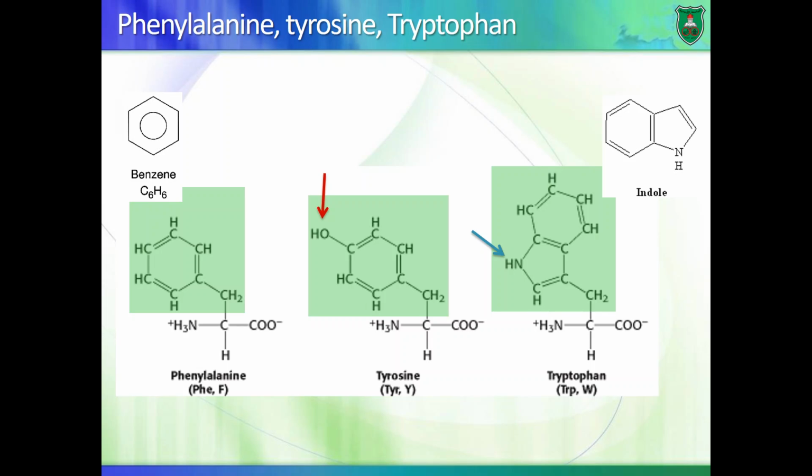So proteins can be phosphorylated by attachment of a phosphate group to hydroxyl groups of tyrosine and the other two amino acids that we talked about before, serine and threonine.